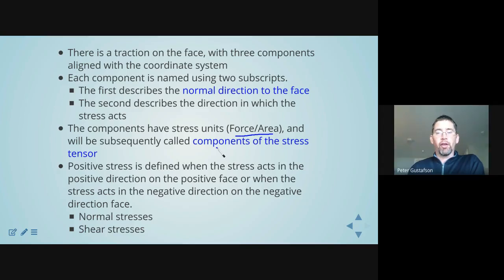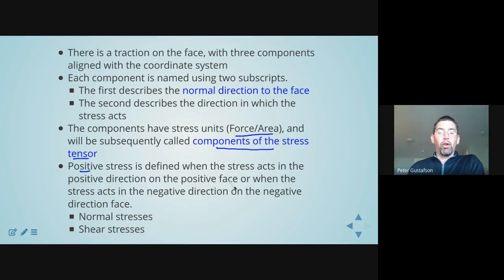And we'll call these the components of the stress tensor. Now, by convention, a positive stress is defined when that stress acts in a positive direction on the positive face.